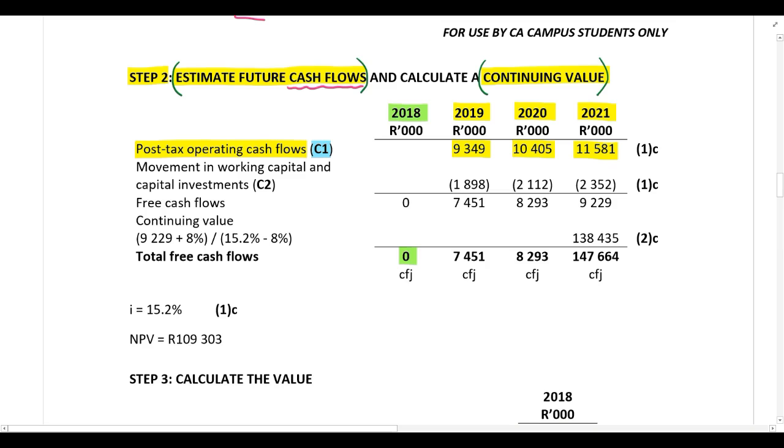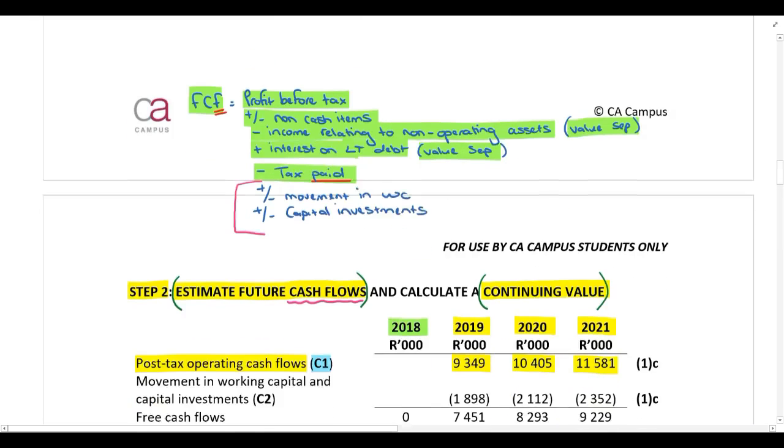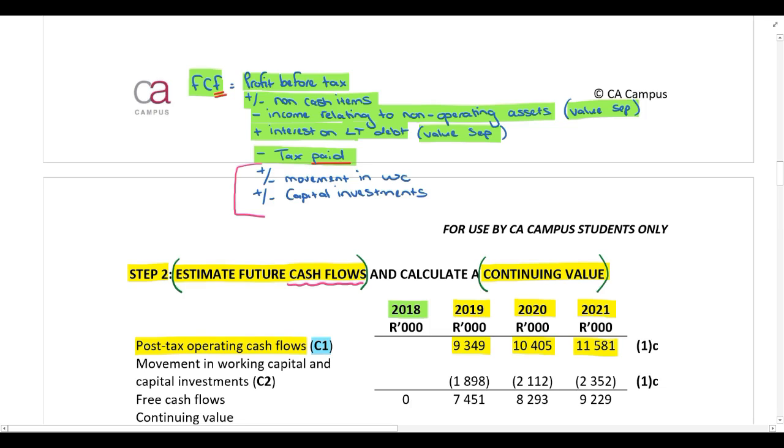All right, so let's see where we are sitting in our calculation as per our lecture notes. We've calculated post-tax operating cash flows. So guys, first, these cash flows are post-tax, so tax has already been deducted, so that's perfect. We've taken profit before tax, we've deducted tax because this is post-tax. Then, these are operating cash flows.